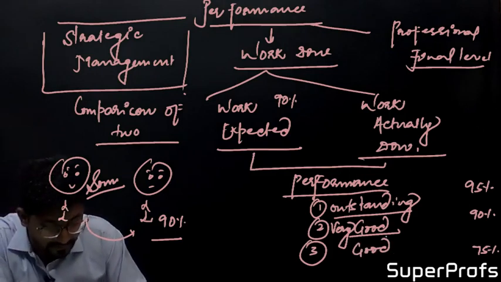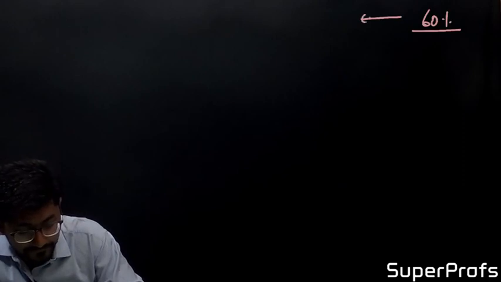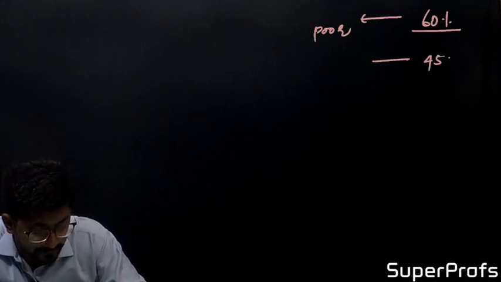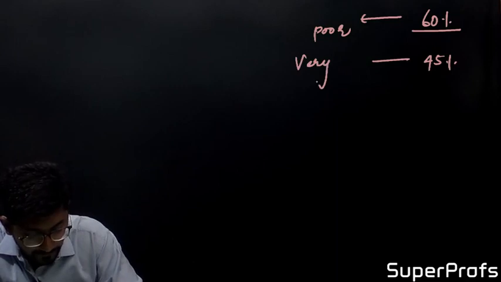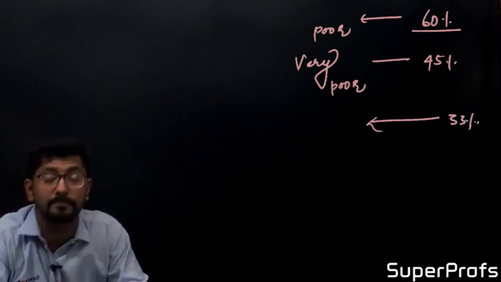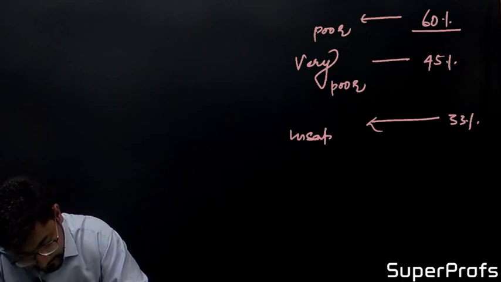If a student scores 60%, poor performance. If a student scores 50 or 45%, very poor performance. If a student scores 33%, just passed in class 12, then this is unsatisfactory.